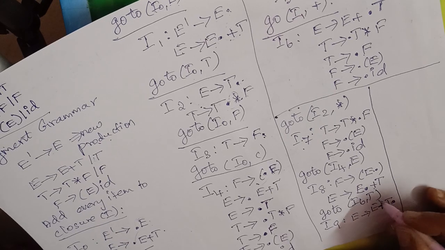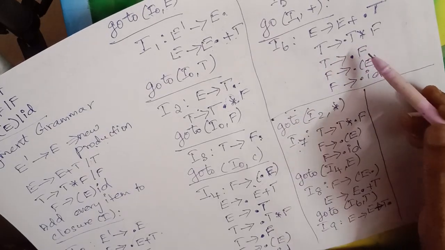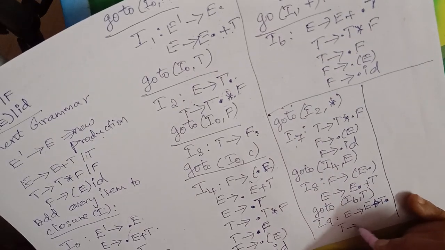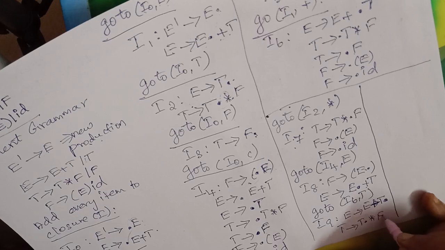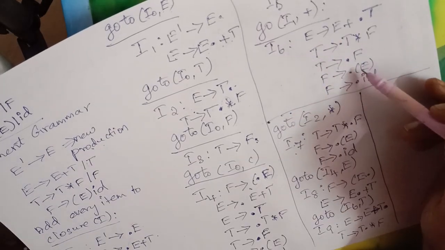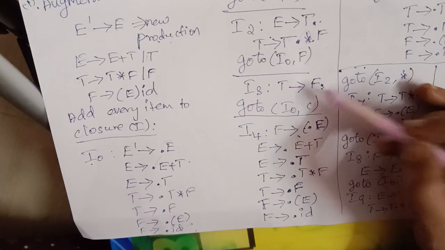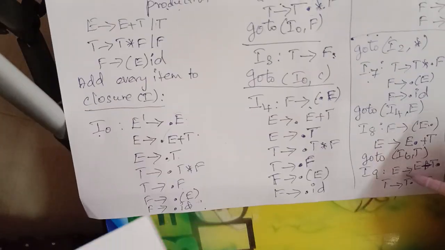After that I need to apply T. I'm moving I6 comma T. T is also on the right-hand side here, so I'll get T tends to T dot star. Then if I apply goto I6 comma F, I'll get this item, so we don't need to do those things. Then you just keep on checking here.